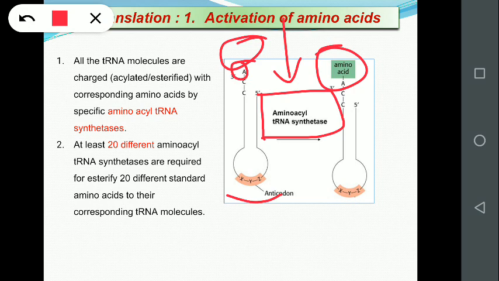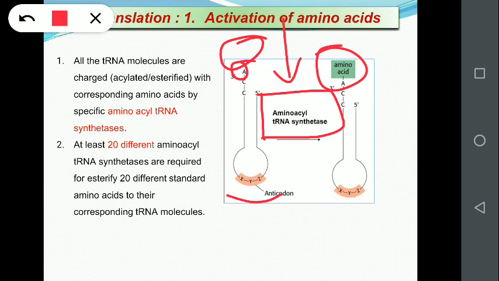If aminoacyl tRNA synthetase makes any mistake, that mistake will be reflected in the tRNA, and that tRNA will directly incorporate the mistaken amino acid into the polypeptide chain, which leads to a change in the sequence.